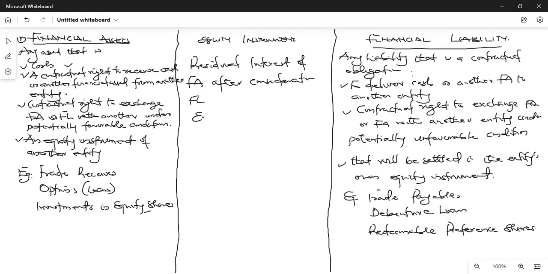What we are trying to say is that equity is equal to A minus L. So the A is this side, the L is this side. All right.